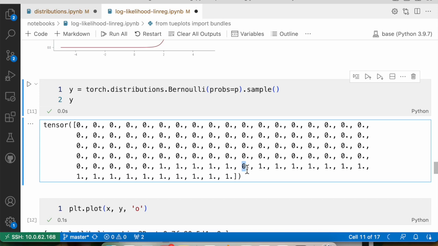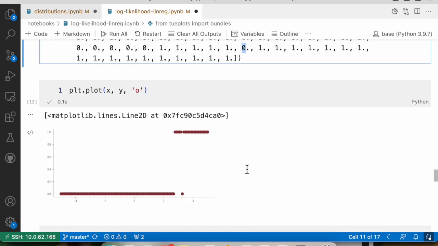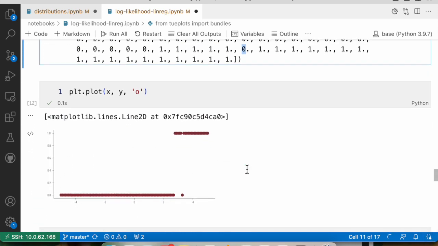Similarly, you are obtaining that here. If you obtain a data set from this, you observe that there is this particular point which is class 0, even though the probability of class 1 was very high. So this is the underlying data set that we have.